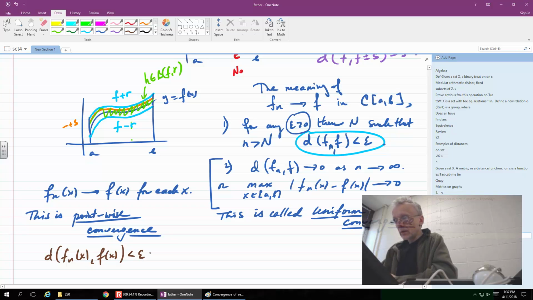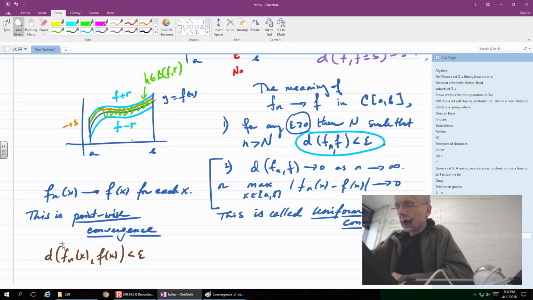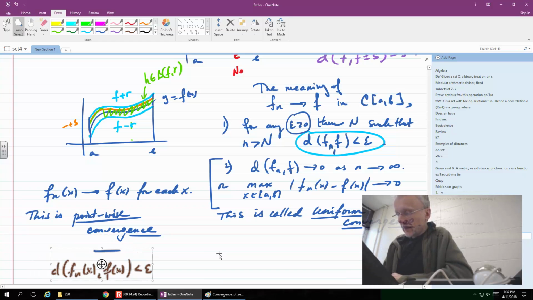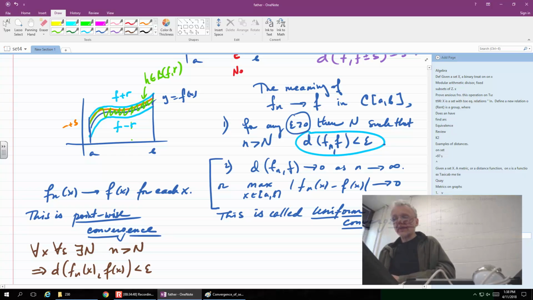On one hand, for every epsilon, no, not for every epsilon. That's the difference here. For every x, for every epsilon, there is an N, such that n larger than capital N implies that this distance is less than epsilon. So for every x, that's the first one starts here.